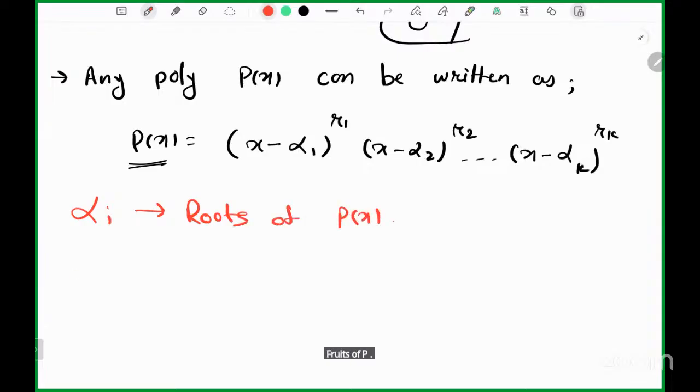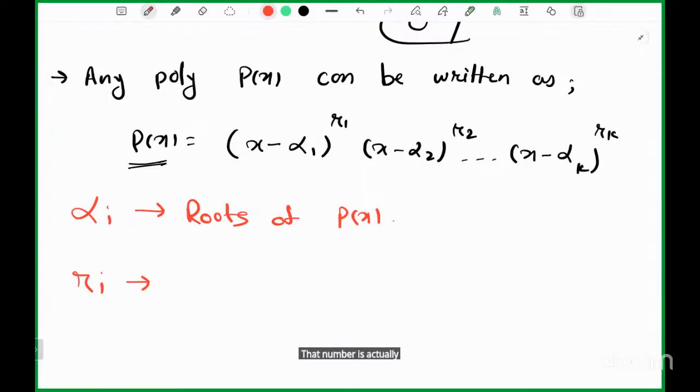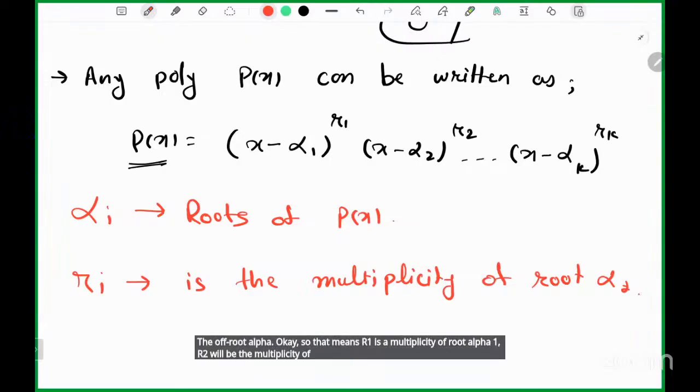And whatever ri you get, that means how many times that factor divides our polynomial, that number is known as the multiplicity of the root. So here ri is the multiplicity of root alpha i. That means r1 is the multiplicity of root alpha 1, r2 is the multiplicity of root alpha 2, and so on.